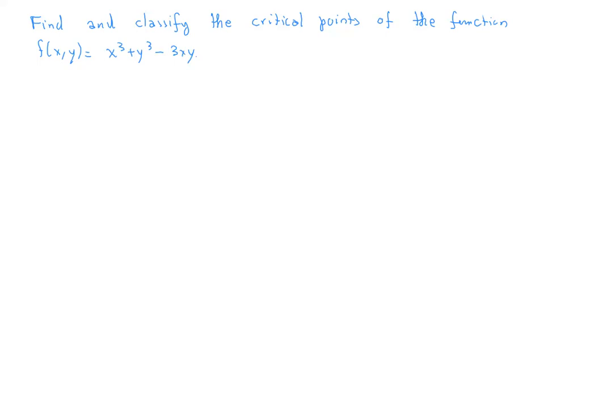Okay, so the very first step consists in finding the critical points first. And how are we supposed to find the critical points? We will take the derivatives of the function. Here they are. And we will set them equal to 0, and we will get a system.